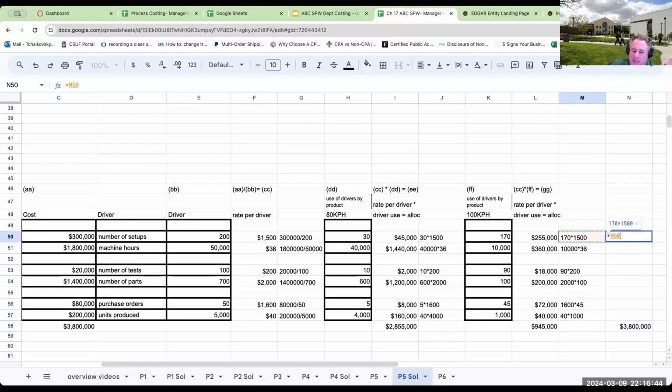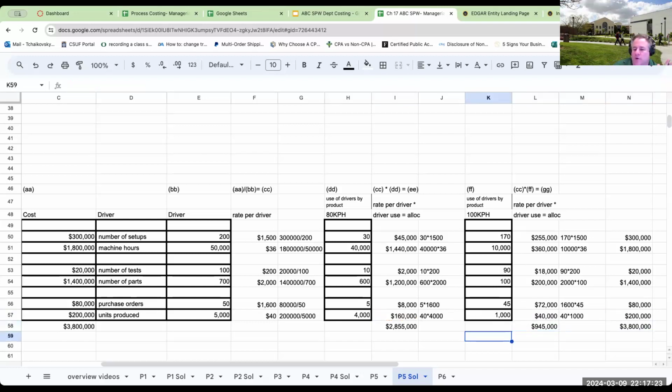If it doesn't, add up the ones I did over here. 300,000, 45,000 and then 255. 1.8 million, 1,440,000 went to the 80. 360 went to the 100 kph. 2,000 for this one plus 18. 1.2 plus 200,000, that equals the 1.4 million. Over here, 8,000 plus 72 is 80. 60 plus 40 is 200.